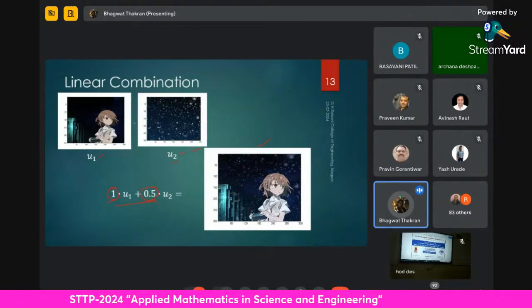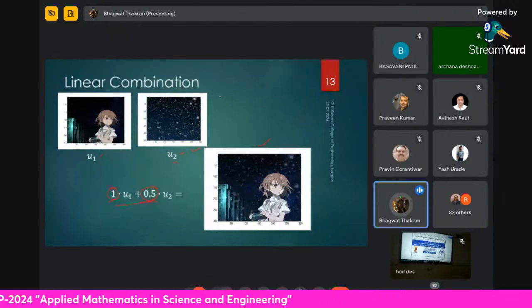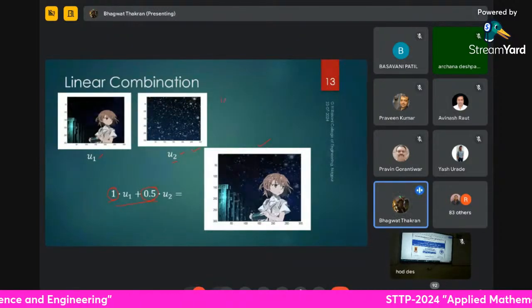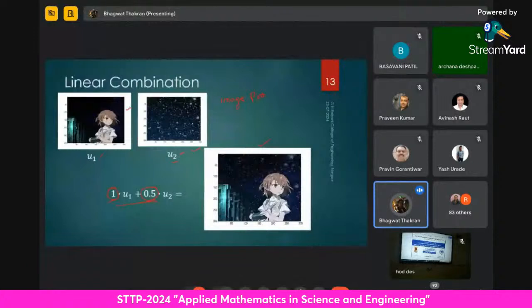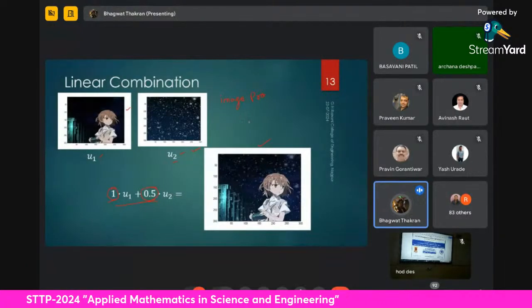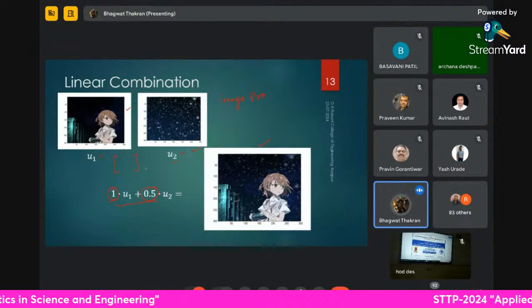Now the linear combination is again a matrix which is a combination of u1 and u2. Why am I saying it is a matrix? Because this is an application-based part. In image processing, pictures are represented in the form of pixels, which later turn out to be a matrix of a larger size, n cross n.